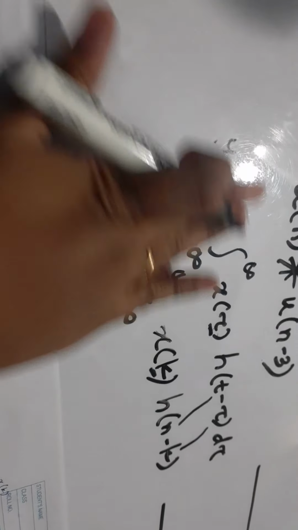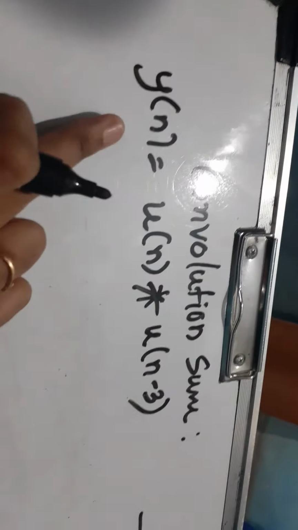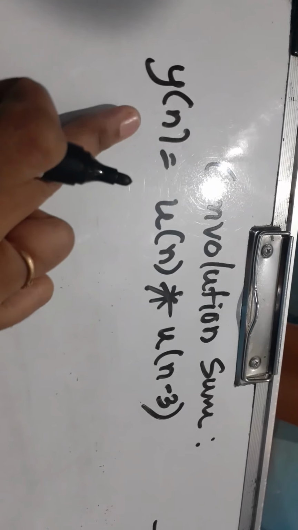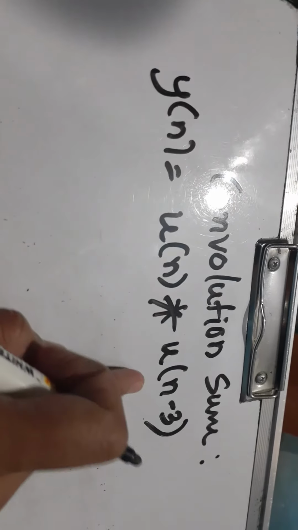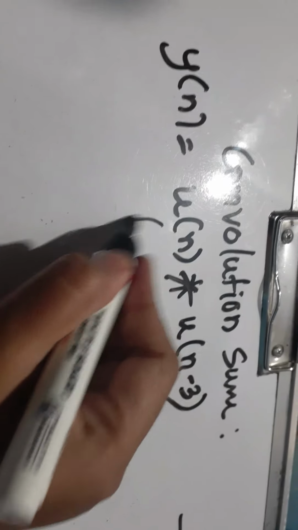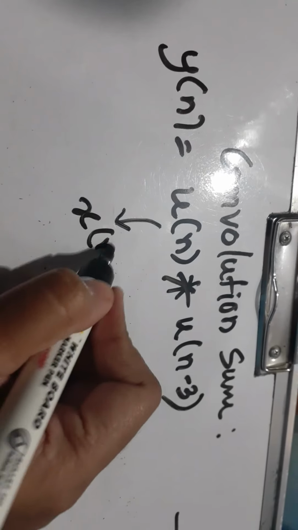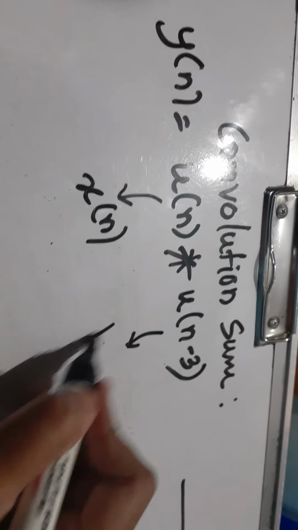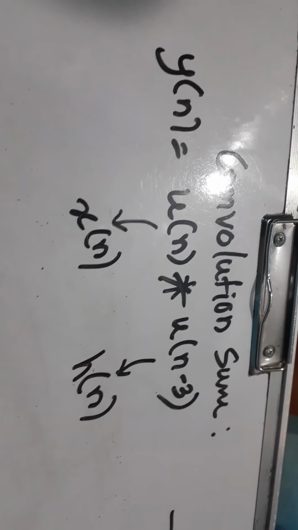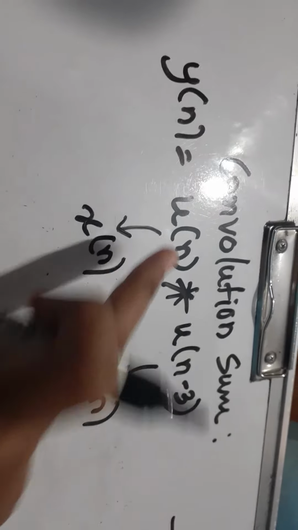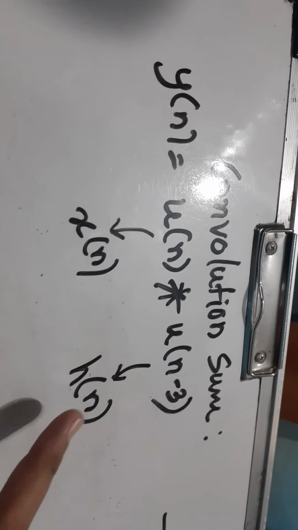Okay, let us start with one problem. This is the given question. We need to find the convolution of two signals. Let us start by denoting one signal as x and one more as h. Consider the first signal as x of n, second signal as h of n.